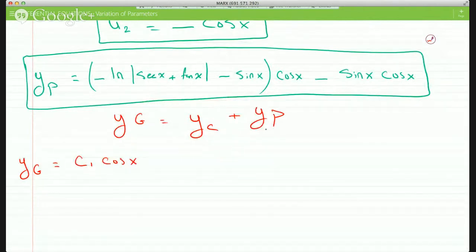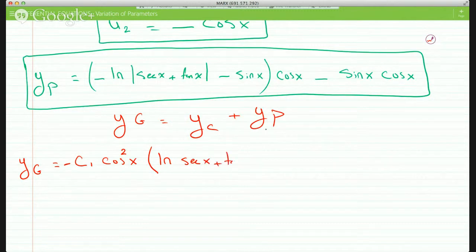There's already a cosine x, so this becomes cosine squared x times, I'm going to factor out the minus sign, probably easier, and then the inside is ln secant x plus tan x minus sine x, plus c2 times sine x.